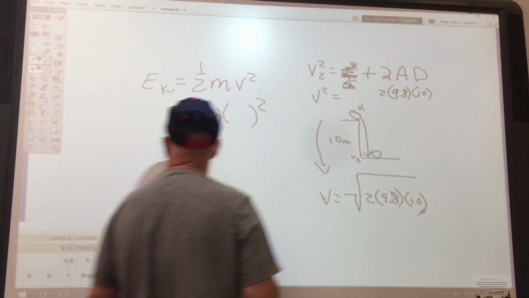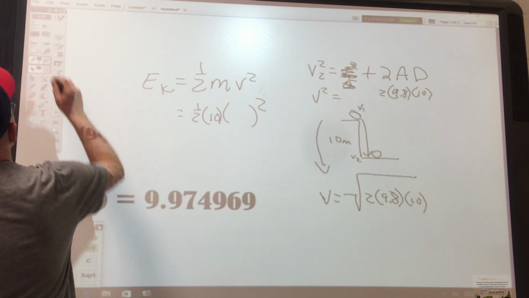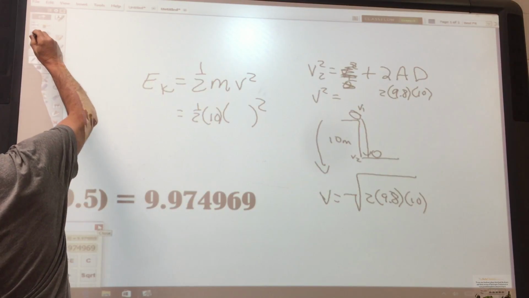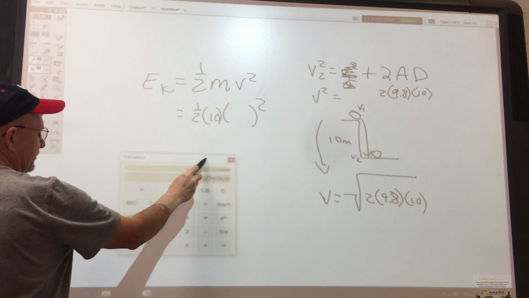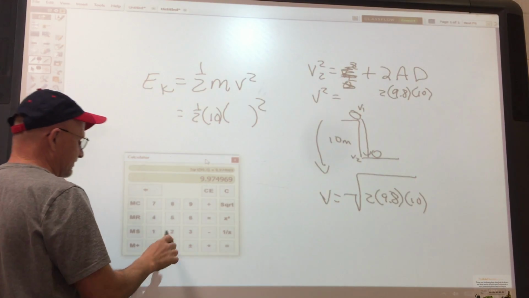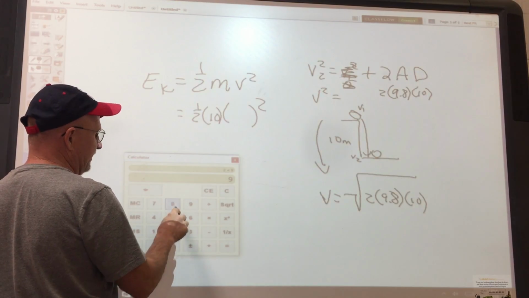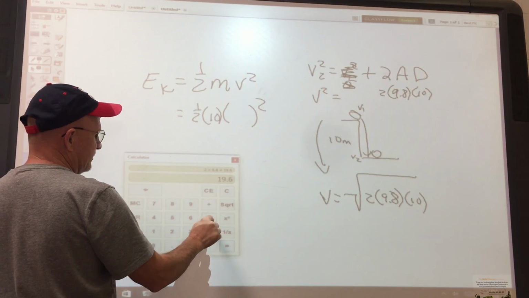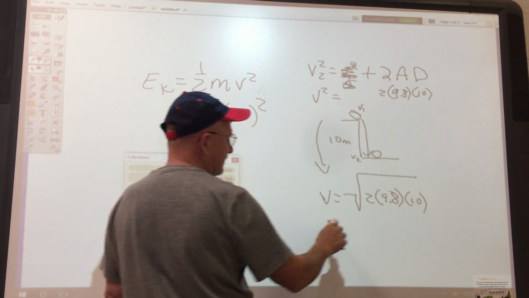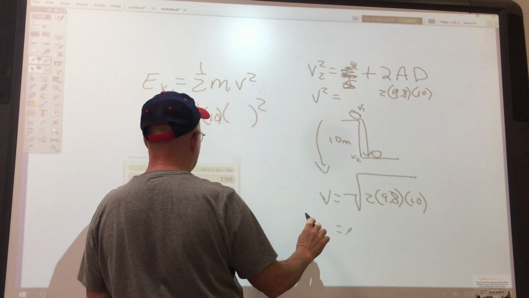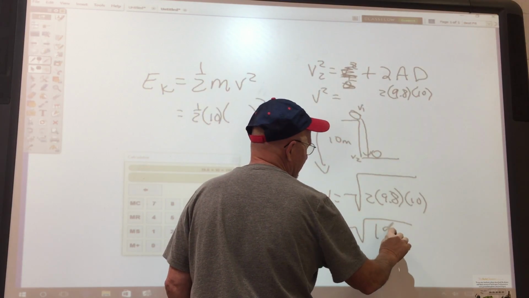So let's plug that in. Let's use this calculator right here. Oops, can't use that one. Let's try that. There we go. So 2 times 9.8 times 10. 2 times 9.8 equals 19.6, times 10 equals 196, and I need the square root of 196.